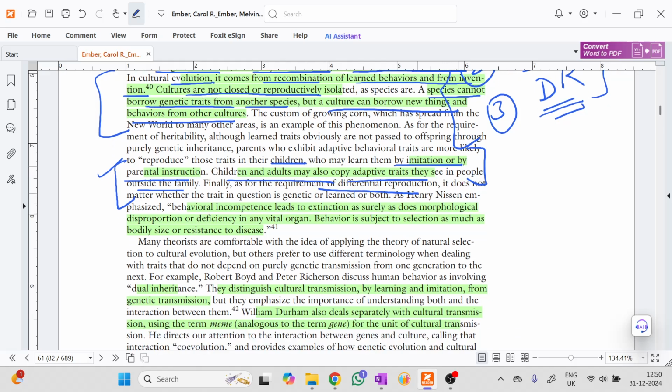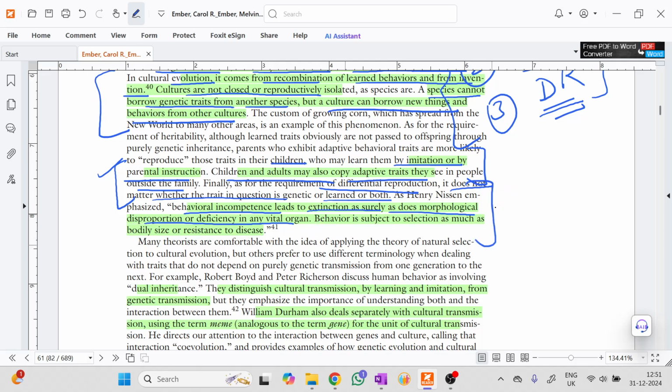Then comes the requirement of differential reproduction, and it does not matter whether the trait in question is genetic or learned or both. And as we emphasize, behavioral incompetence leads to extinction as surely as does morphological disproportion or deficiency in any vital organ.